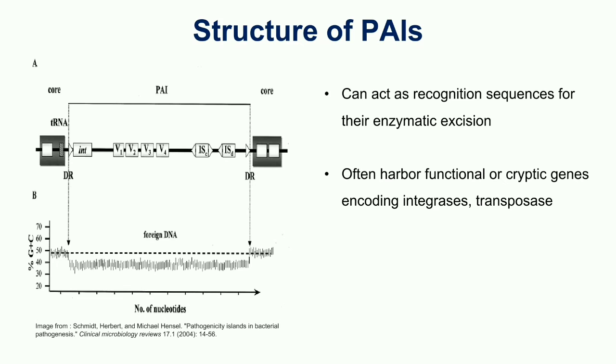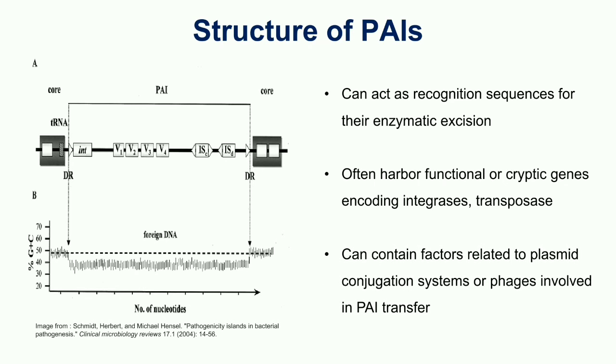The pathogenicity islands are known to harbor functional or cryptic genes. These genes are known to encode enzymes such as integrases or transposases. So in the diagram, next to the first direct repeat at the beginning, one can see the presence of an integrase gene which will help this particular PAI to integrate into the core genome.